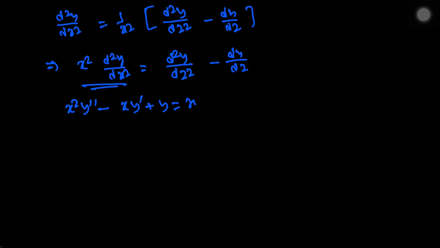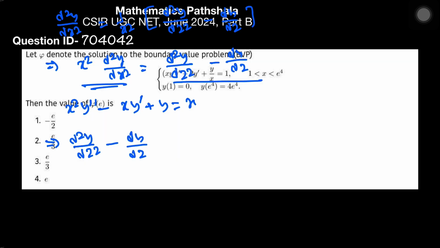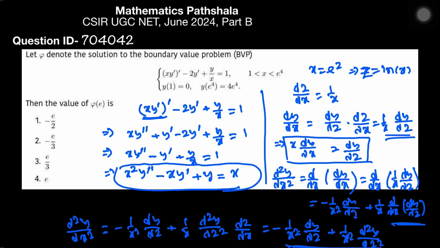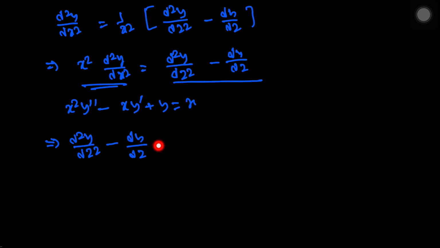This becomes d²y/dz² - dy/dz, and x y' becomes dy/dz, so minus dy/dz plus y = x.